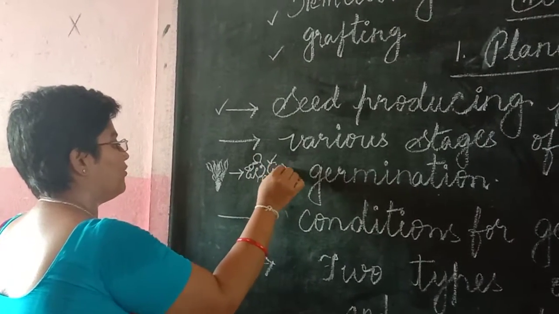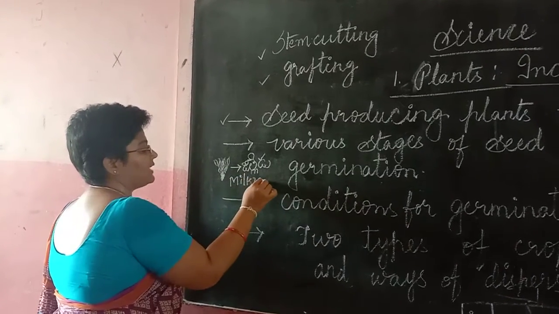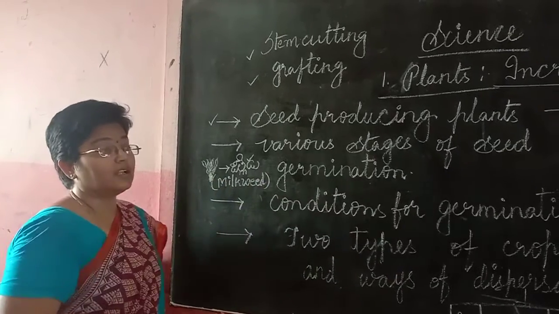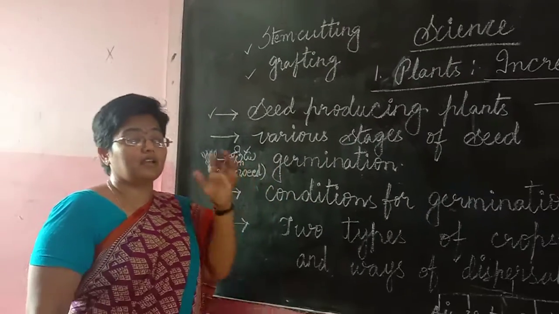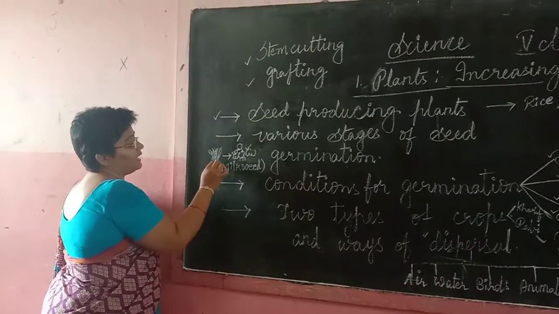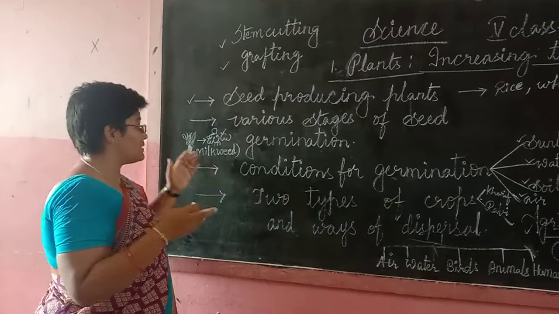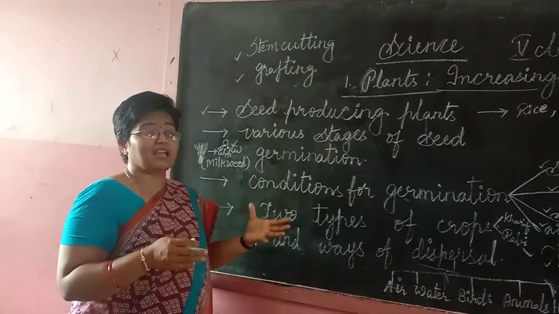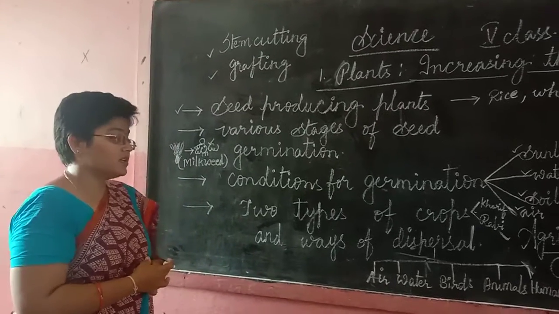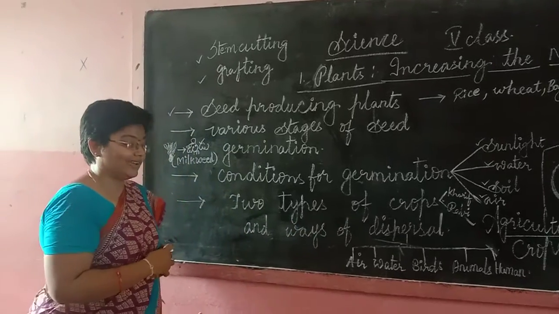Whenever the fruit of milkweed is blasted, you can see a cotton-like structure following the air and passing through air, and it stops at a certain place and it again rises into a new plant. So we can see different kinds of seeds like this which follow the air and stop at a suitable place and grow into a new plant. So this is an example of dispersal by air.